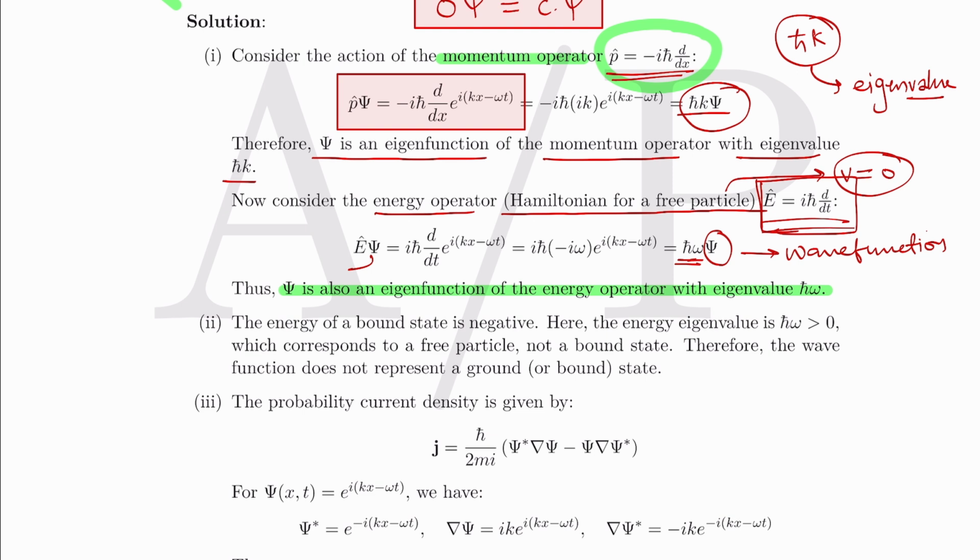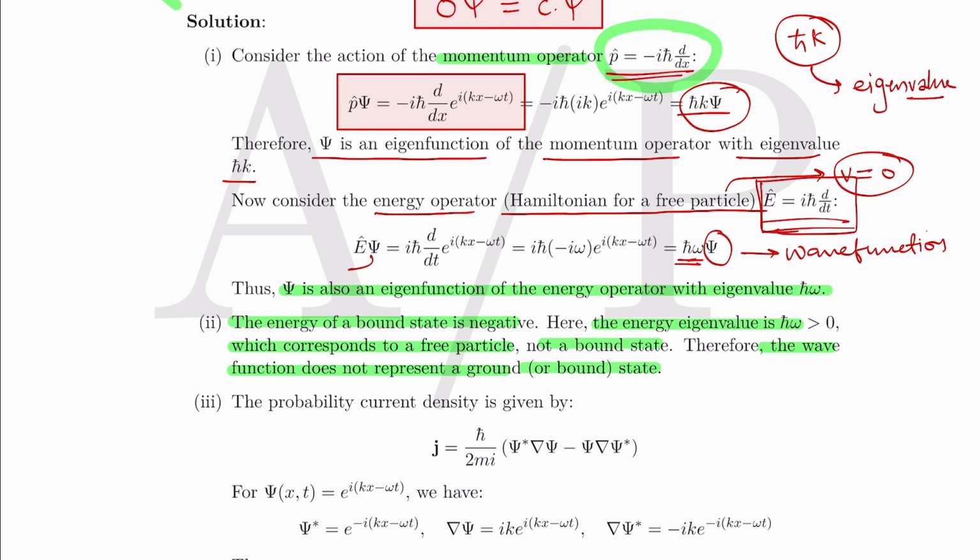Now we know that energy for any bound state is negative. Here the energy eigenvalue is greater than 0; it is h bar omega, which is a positive quantity, and which obviously corresponds to a free particle and not a bound state, because for a free particle the energy is greater than 0. So we can conclude that the wave function will not represent a ground state or any bound state, because the ground state is a kind of bound state.